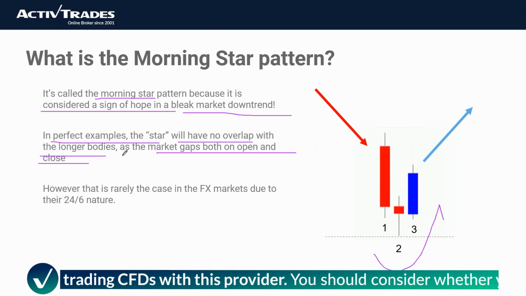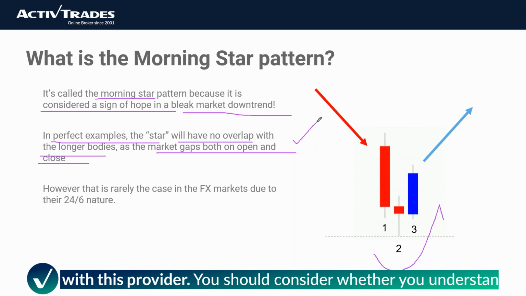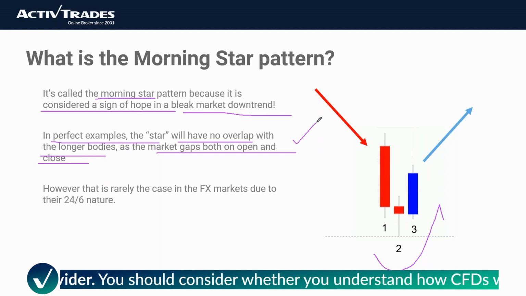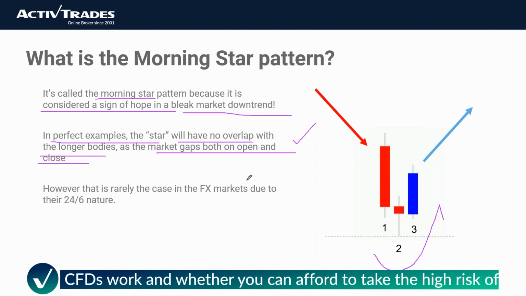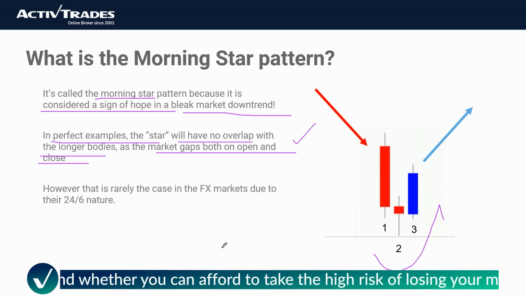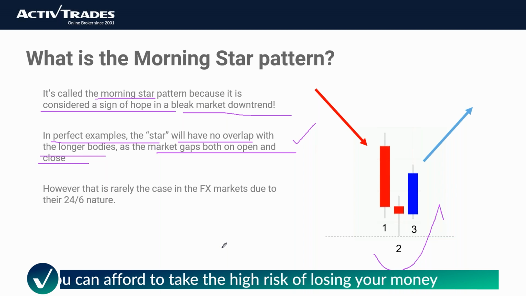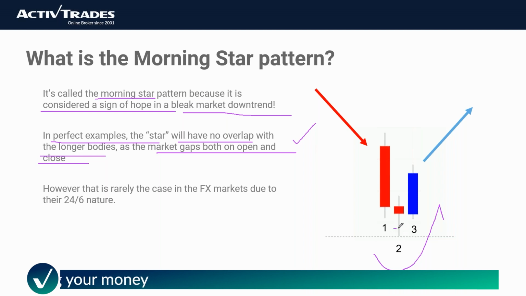However, that tends to be more for what we see in equities and commodities, where we have a very clearly defined open and close time of the trading exchanges. Due to the nature of the FX markets being 24/5, 24/6, depending upon your view, it is very rare that candle 2 will gap away from both candle 1 and candle 3.